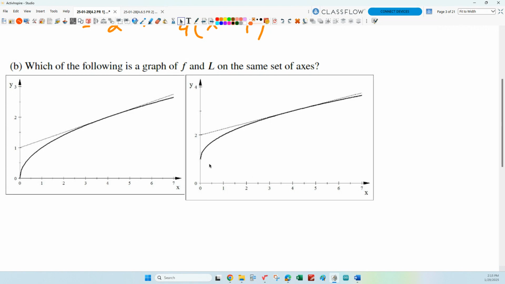How could you tell? There's one really easy way to tell. Point of tangency was what? 4, 2, right? So which one has a point of tangency at 4, 2? The first one does. Look, 4, 2 is right there, isn't it? So that's the correct one.